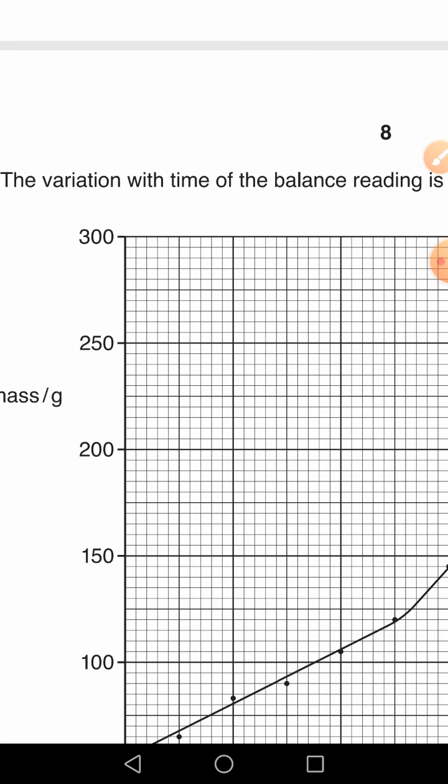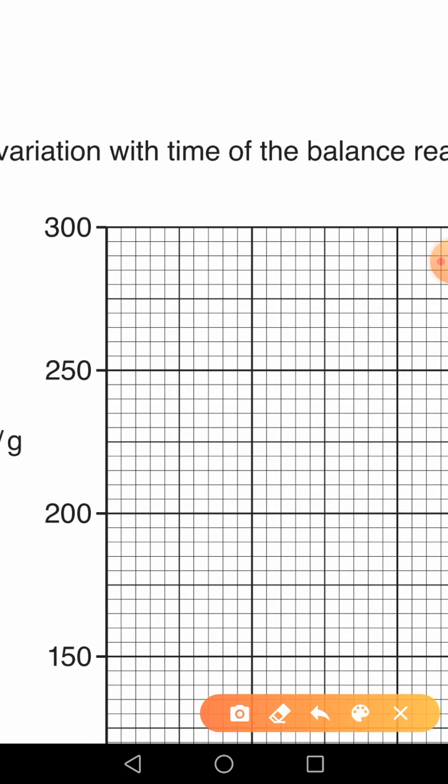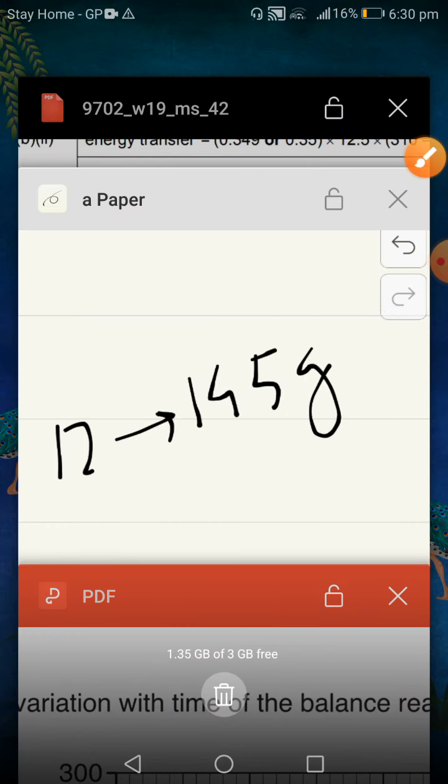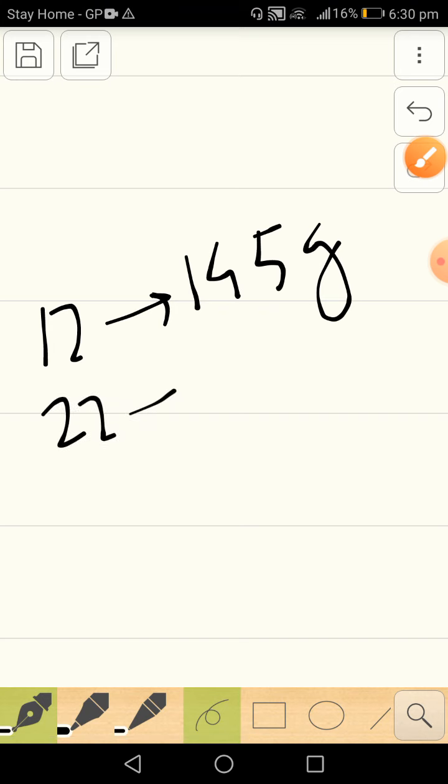In the y-axis each square means 5 units, so 3 squares means 15 units. So 300 minus 15 should be 285 grams. So in the 22nd minute we have 285 grams.